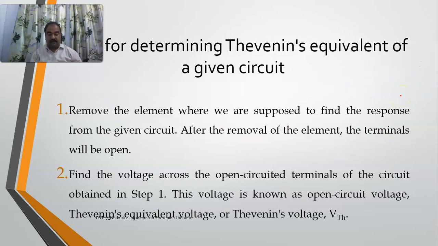Coming back to determining the Thevenin's equivalent, you know that I have listed 5 steps. The first step is remove the elements and ensure that the terminals are open circuited. Second step is determine the VTH using nodal analysis or mesh analysis.